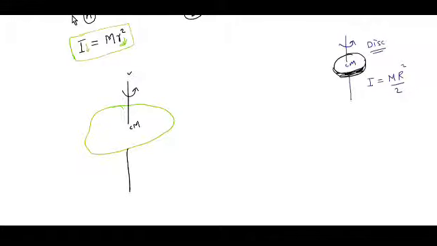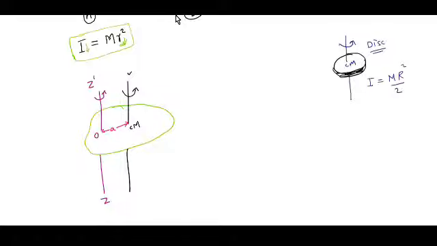Fine. Now, if the body is rotating about this particular axis, I call this z prime, and z. This is a point O. It is given that this axis is at a distance a from the natural axis.